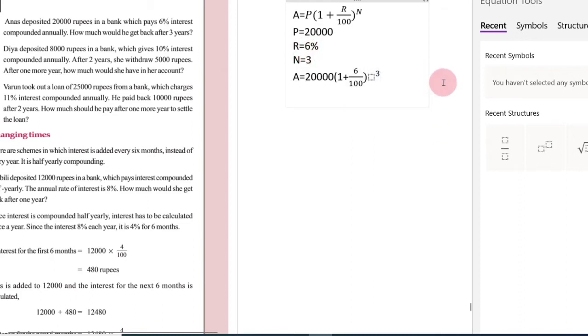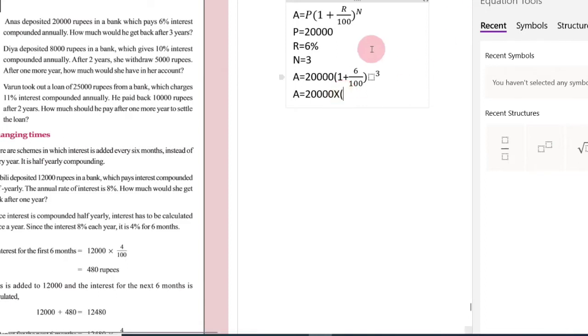Then how do we solve this? What is 1 plus R by 100 raised to n? How do we add 1 plus R by 100? First simplify that bracket. What is 1 plus 6 by 100?